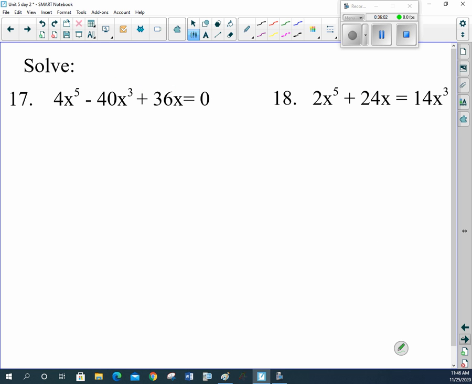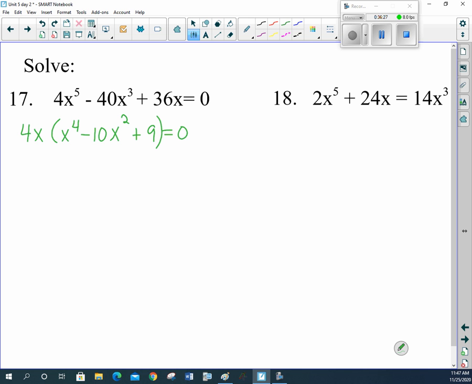Okay, here we go. Two more, so already equal to 0, so that's nice. Looks like to me the GCF is a 4x. And the whole thing is already equal to 0, so nice.